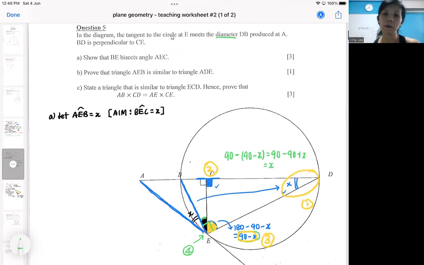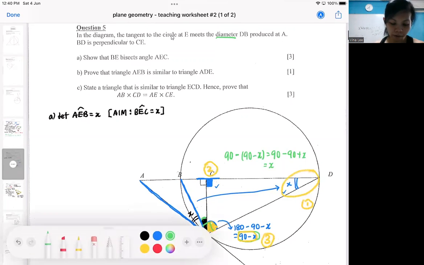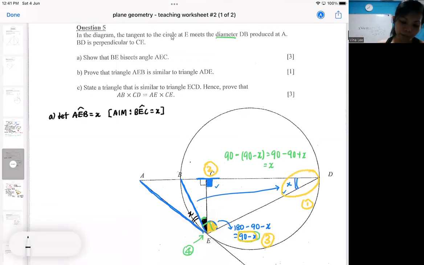So you play around first to make sure you achieve your aim. Then you backtrack your steps to lay out. So here, I already let AEB be the starting point. So my first step is to lay out the tangent chord theorem. So that's my first step done.